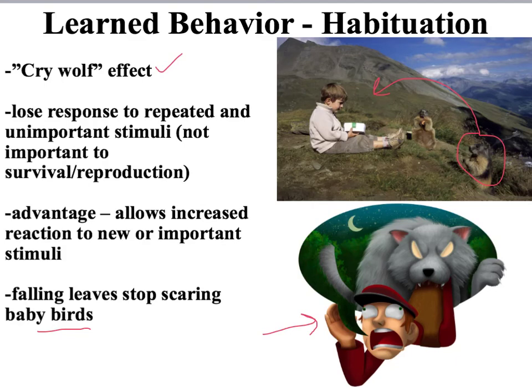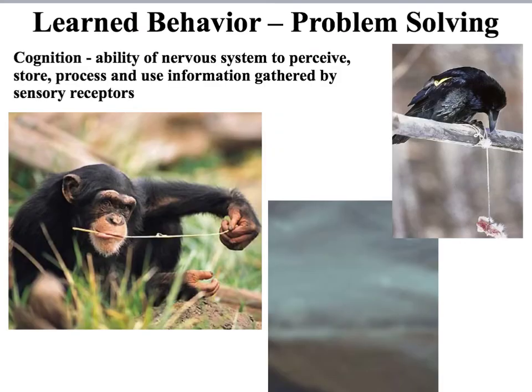Well, the stimulus would be those falling leaves, which would eventually become irrelevant. And the ultimate cause, or evolutionary advantage of this, is that if an animal becomes habituated to an unimportant stimulus, it's going to allow better reaction and better ability to pay attention to new stimuli or stimuli that they know are important.